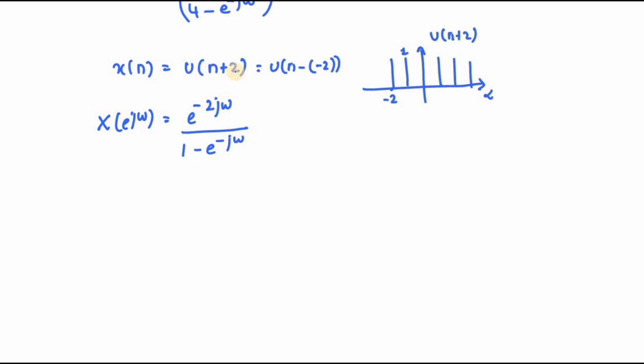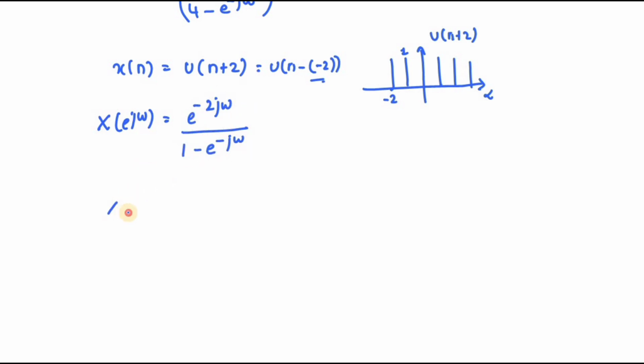The e power 2 j omega is for the shift, and the DTFT of u of n is 1 divided by 1 minus e power minus j omega. If you don't know the formula, let me substitute it here.